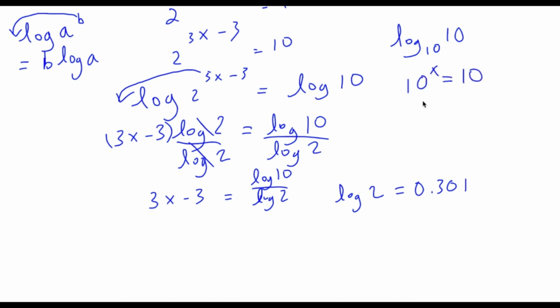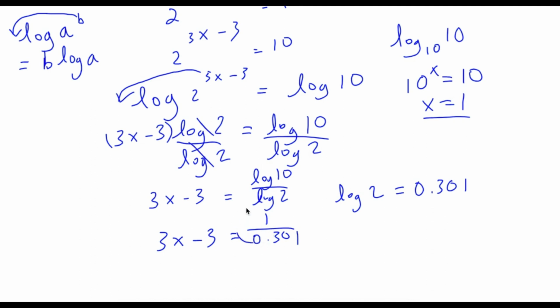So what is x? And x is equal to 1, right? So log 10 is equal to 1. So now we have 3x minus 3 is equal to 1 over, now log 2, that is equal to 0.301. So we have 1 over 0.301, sorry. So 3x minus 3 is equal to 1 over 0.301.